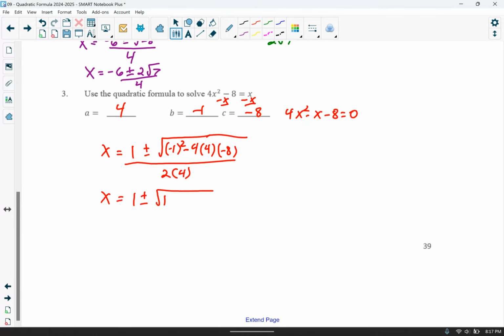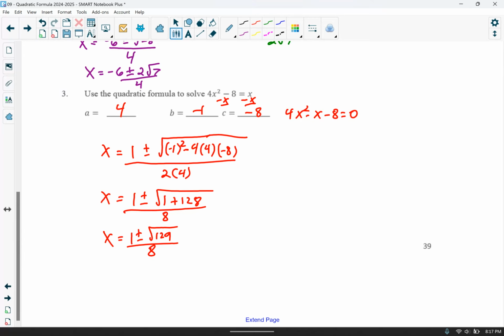Negative 1 squared is 1. 4 times 8 is, let's see, 128. Negative times negative is a positive, so it's going to be plus 128 over 8. x equals 1 plus or minus the square root of 129 over 8.